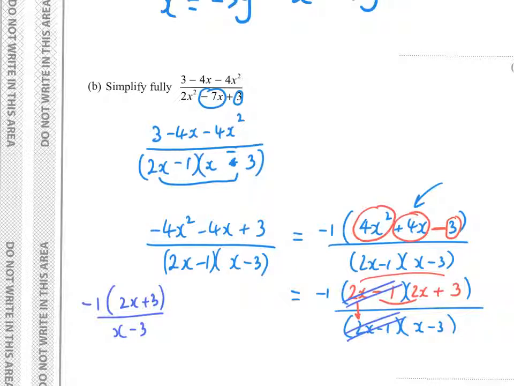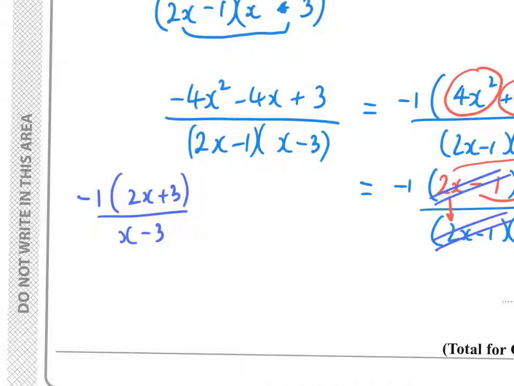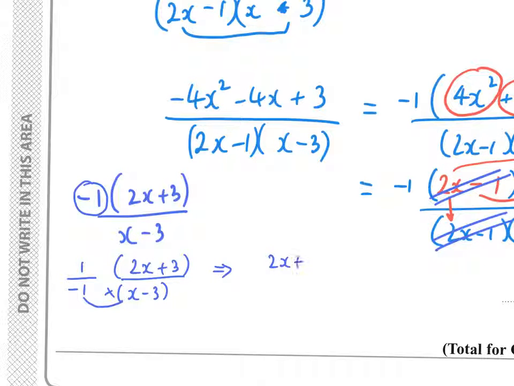Now, this may be of some confusion to some people, but let's have a look. Hopefully you'll understand this. Let's look at this number here, negative 1. There are many ways of getting negative 1, and this is one of them. 1 divided by negative 1 is still negative 1. And this part of the numerator stays the same. But if I write x minus 3 underneath and I multiply this out, it's going to give me 2x plus 3 on top, because that's just one lot of whatever I've got in here.